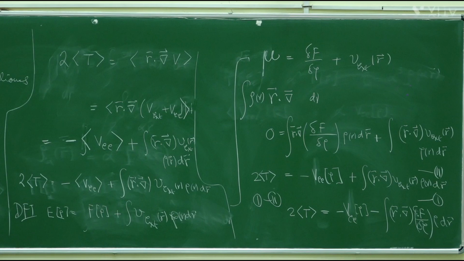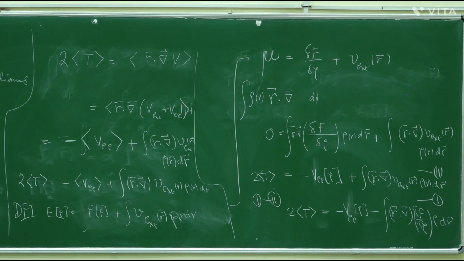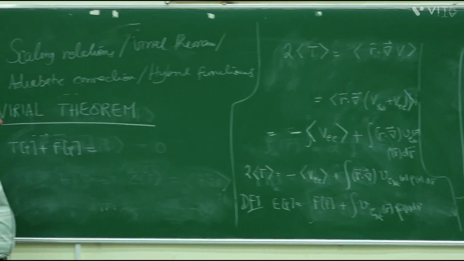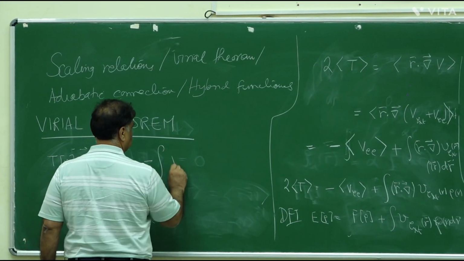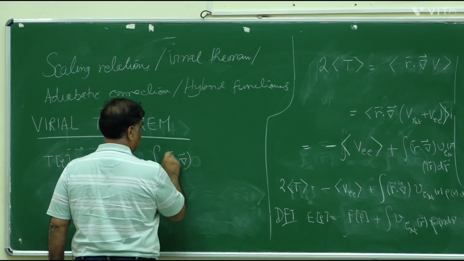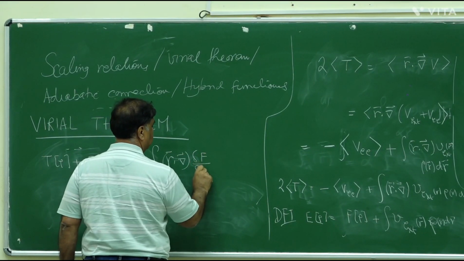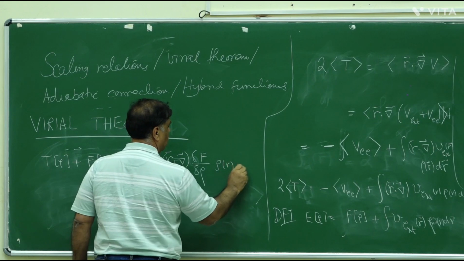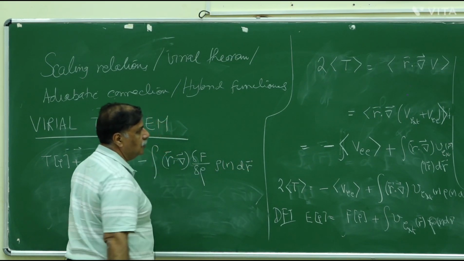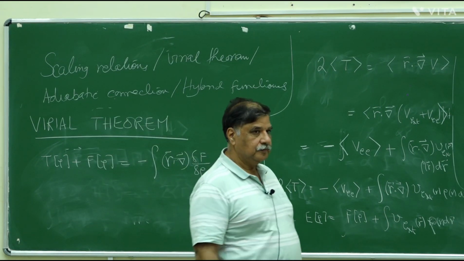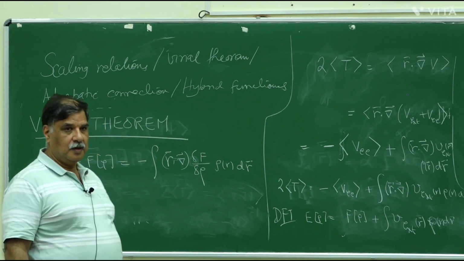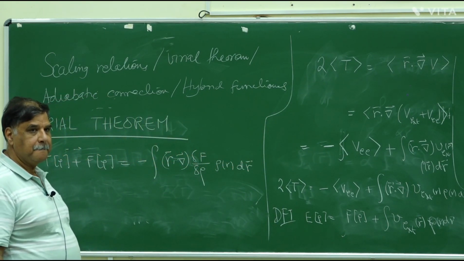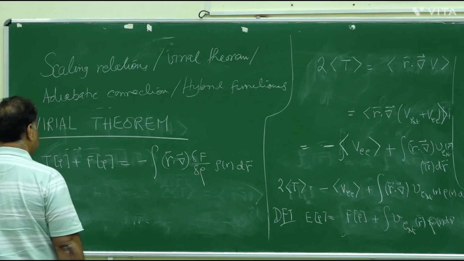T plus V_ee is F rho, so you get T rho plus F rho is equal to minus integration R dot del acting on del F del rho R here. Are you with me on this? Yes? Okay, so this is one relationship.